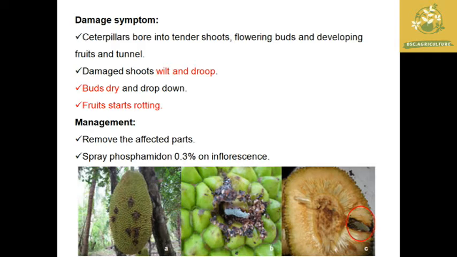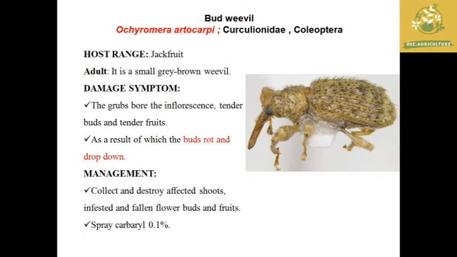The next one is the bud weevil, which is one of the major pests in jackfruit, and the scientific name is Ochyromera atrocarpi, which comes under the family Curculionidae and order Coleoptera. The host range is mainly jackfruit, and the adult is a small grayish brown weevil. You can see the picture.